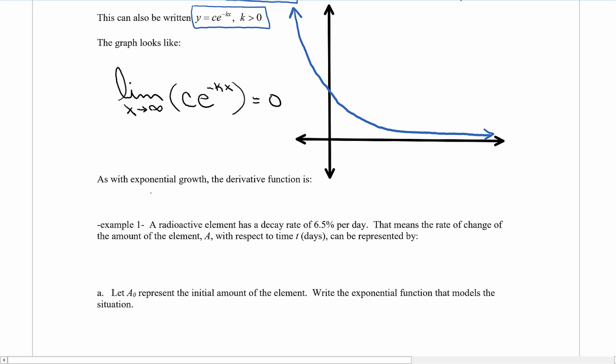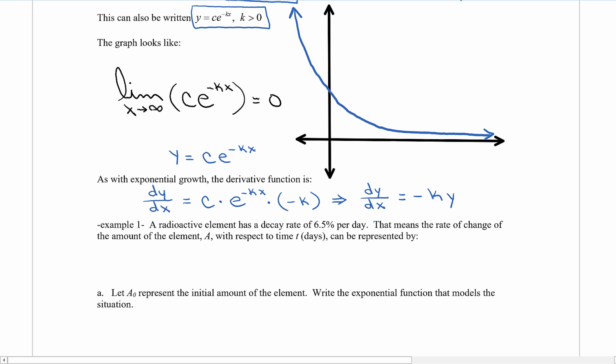As with exponential growth, the derivative function is dy dx equals c times e raised to the negative kx power times negative k, which can then be written as dy dx equals negative ky. If you recall, y is equal to ce raised to the negative kx power.